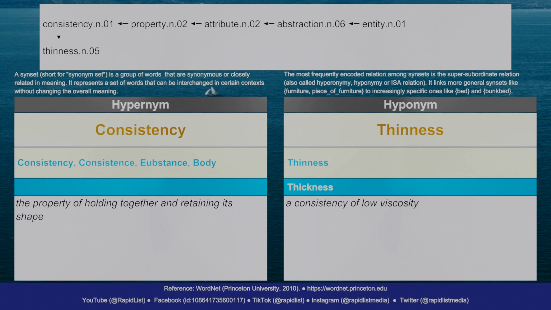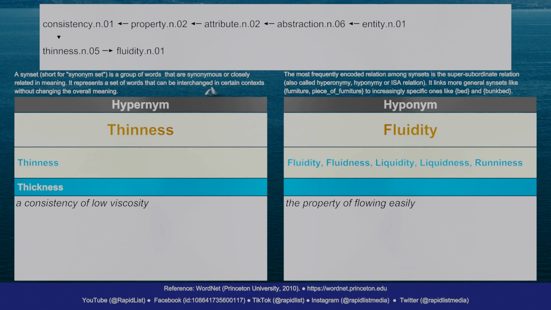Thinness. The consistency of low viscosity. He disliked the thinness of the soup. Fluidity. The property of flowing easily.